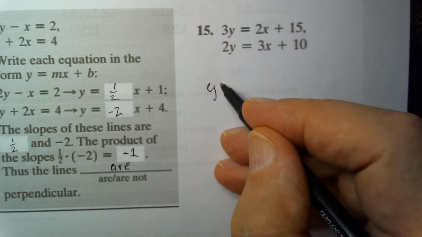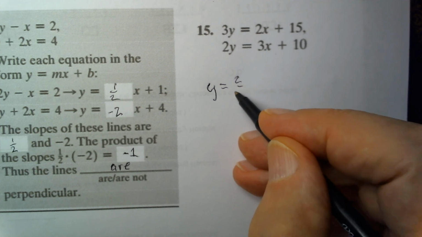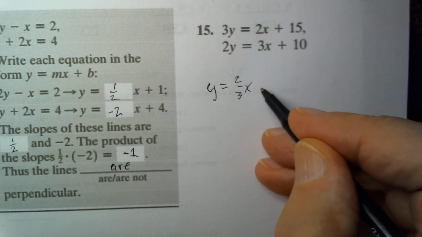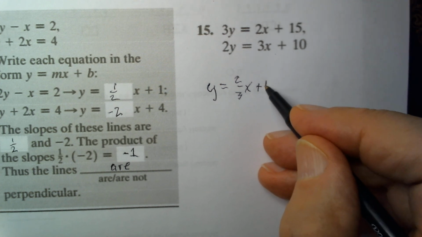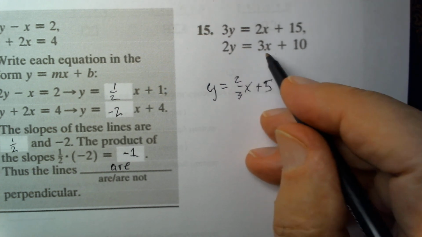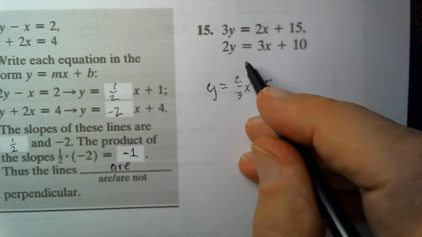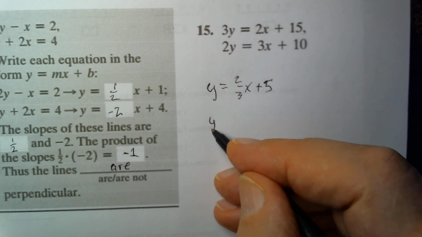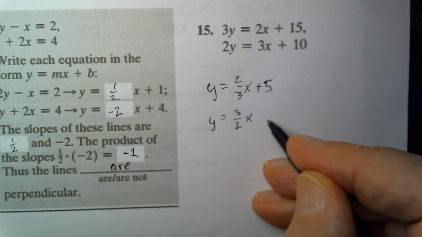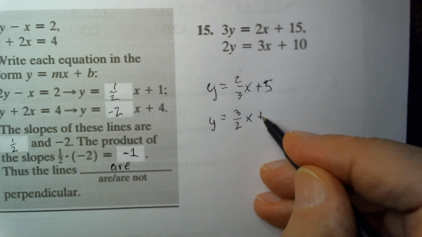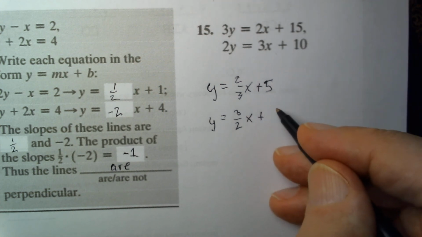So y is then equal to 2/3 x plus 15 divided by 3 is 5. And here we divide both sides by 2. So y equals 3/2 x plus 5. 10 divided by 2 is 5.